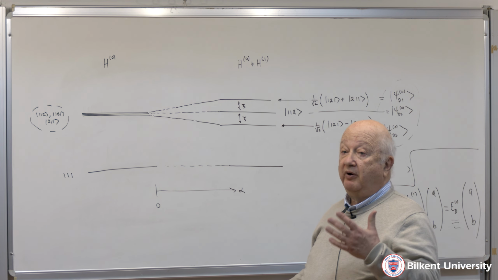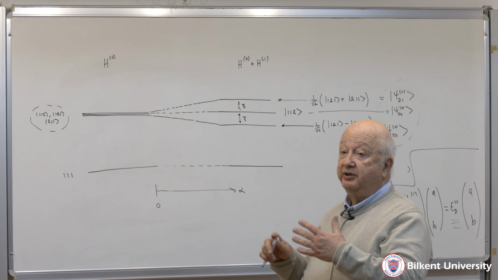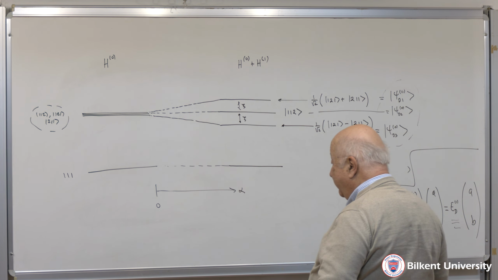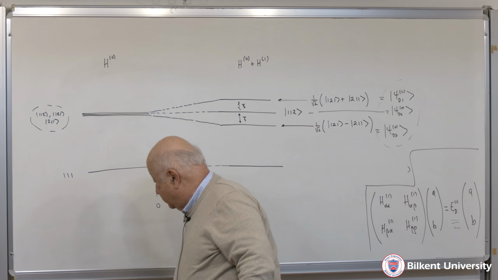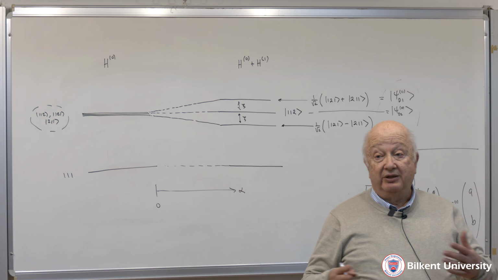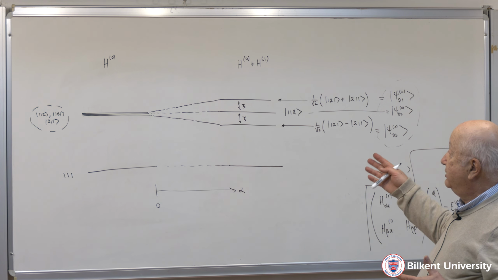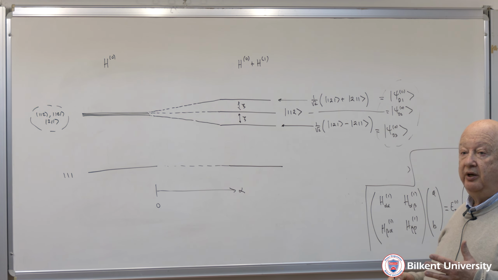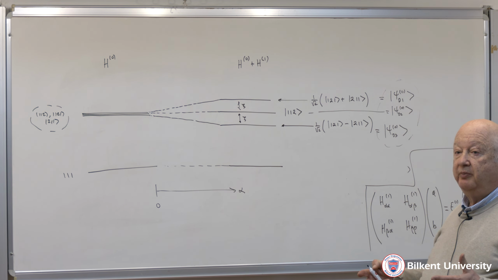From a theoretical point of view, you know that there is this XYZ degeneracy, and we are lifting that by breaking that symmetry. We are putting here this H1, which is not symmetric in X, Y, and Z, so it just breaks it up. So whenever you have a degeneracy in a physical system, it's the result of some symmetry.